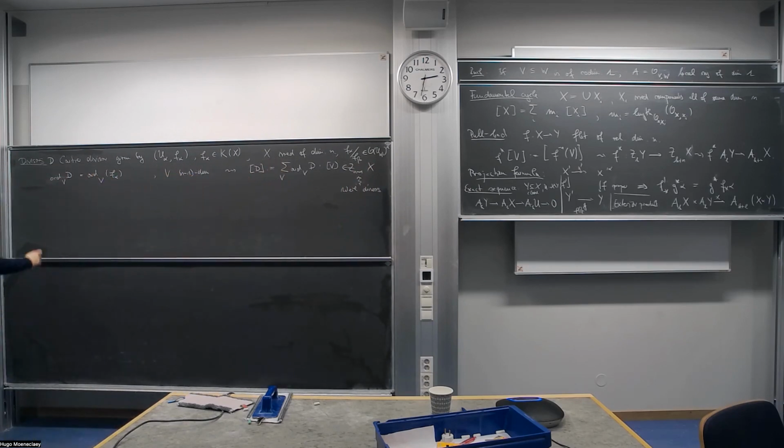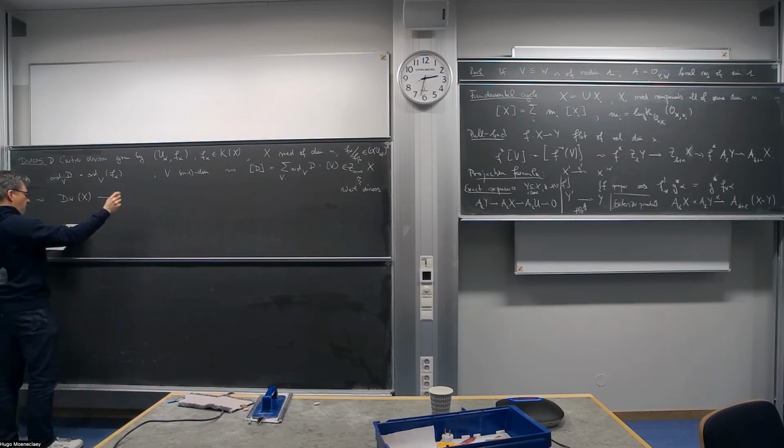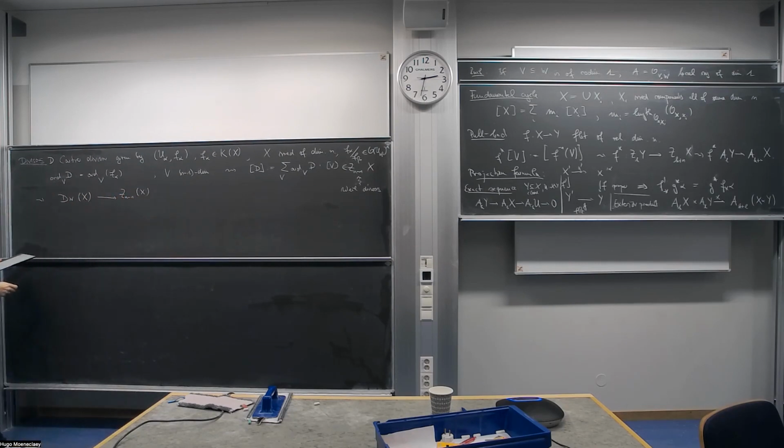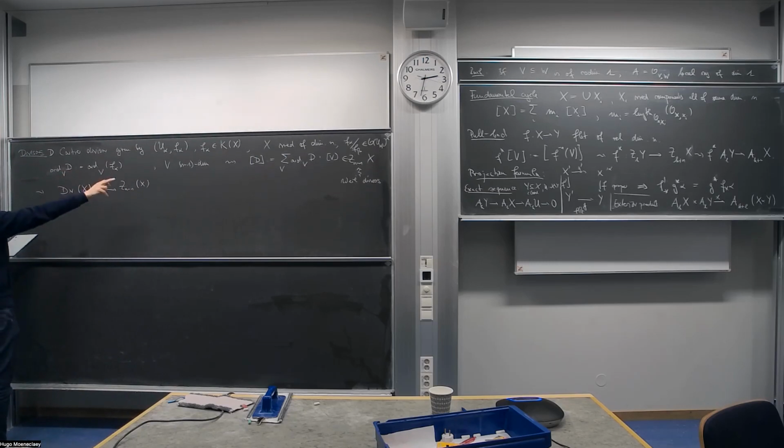So this is the group of Cartier divisors, and we have a map to the Weil divisors by this construction.